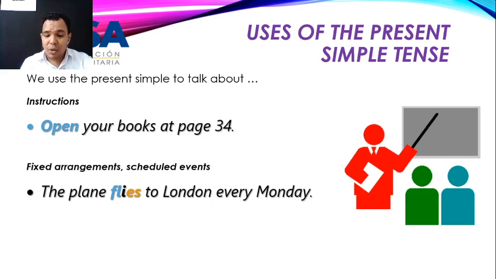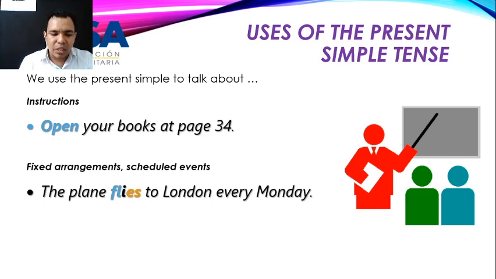It's not an invention of the teacher. It's just something that is planned and is published in maybe a schedule, a board, or maybe people know it. Another example could be Transmetro. Transmetro travels, Transmetro goes until 10 o'clock.